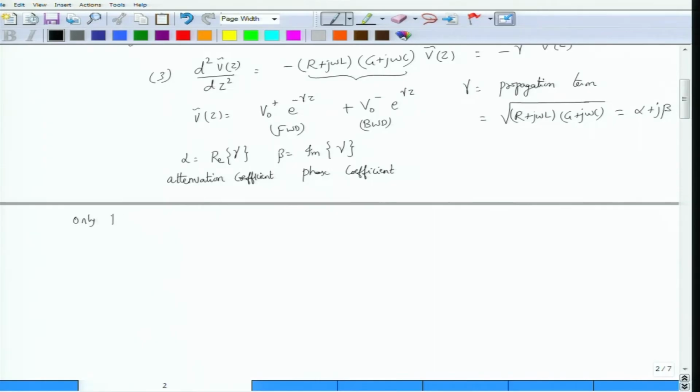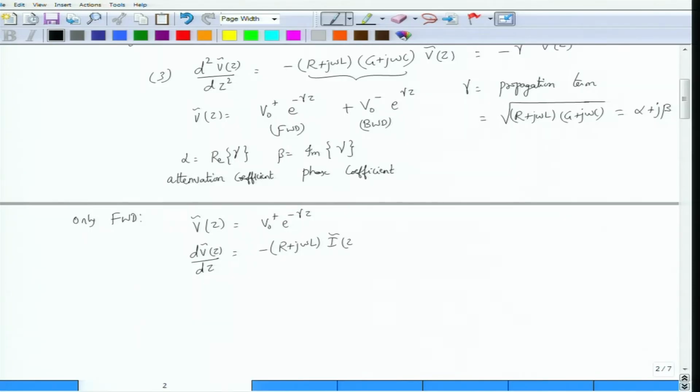So let's assume that only forward going wave is there, which means that the voltage phasor is V0 plus e power minus gamma z, and then differentiating this voltage phasor and equating it to the current term, what you get is minus (r plus j omega L) into I of z.